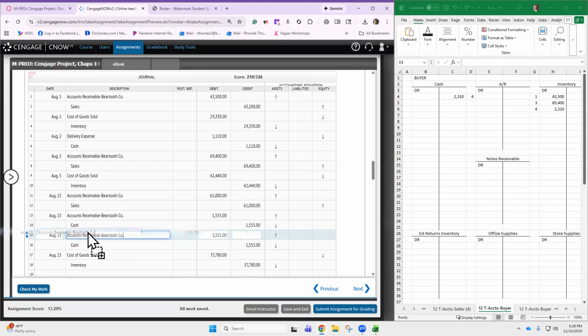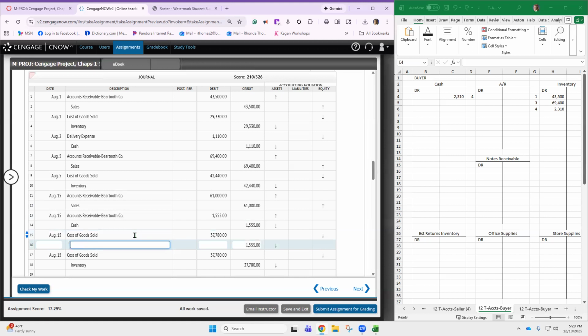So then this last one needs to be cost of goods sold. I think you're supposed to be able to highlight this. Let me see. I don't know, it makes me nervous. Putting them like that. I just assume fix it this way. So anyway, I'm gonna type in cost of goods sold. This is line 15 on the seller's general journal. Okay, so cost of goods sold, and the amount I got for my problem.